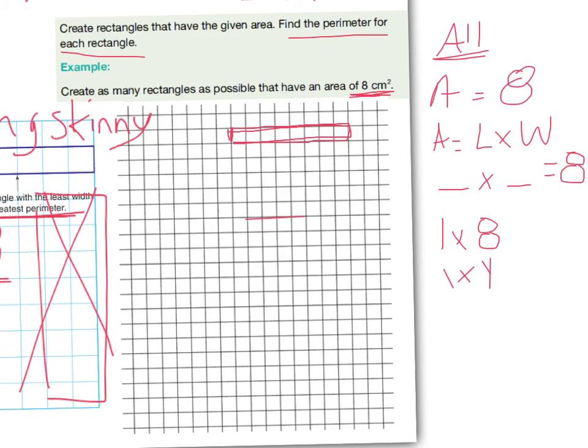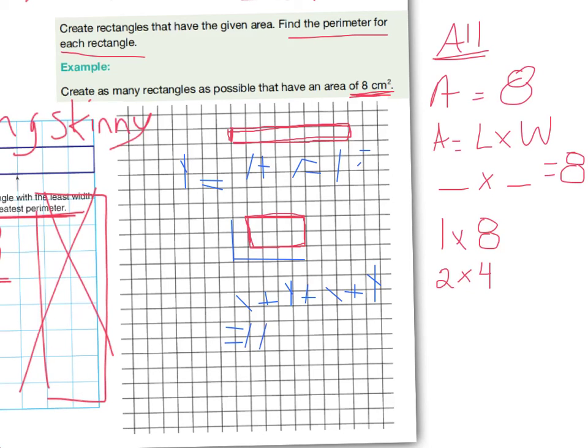So let's go ahead and look at the perimeter of each one. Here, if we have 8 plus 1, that's 9, plus 8 plus 1, that's 9. So 9 plus 9 equals 18. So it would have a perimeter of 18 and an area of 8. If we look at this one, we have 2 plus 4 plus 2 plus 4, which is 8 plus 8, which is 16.